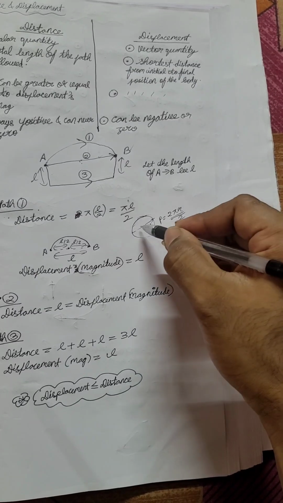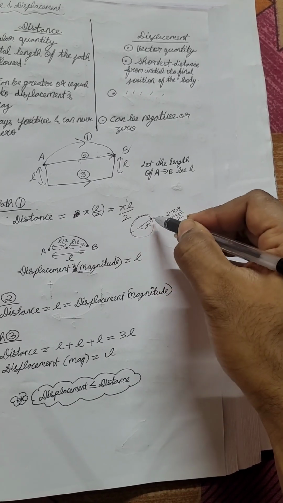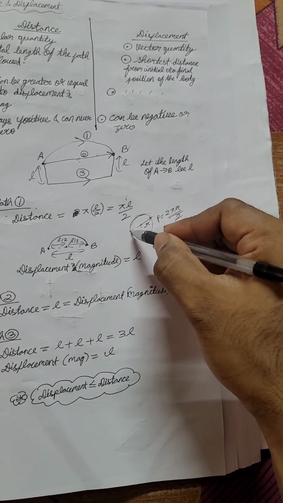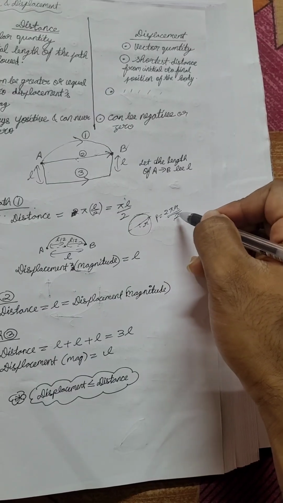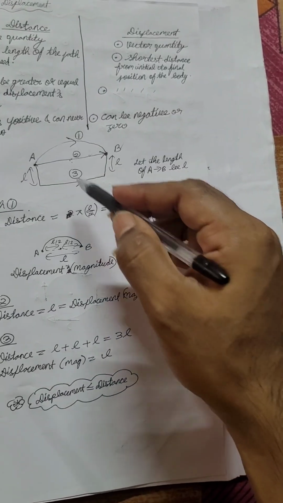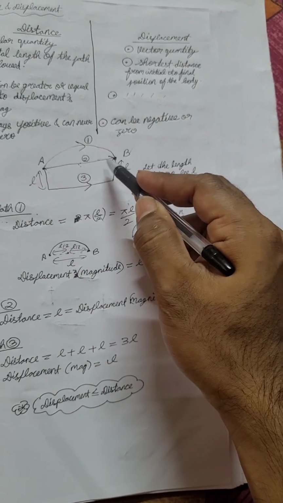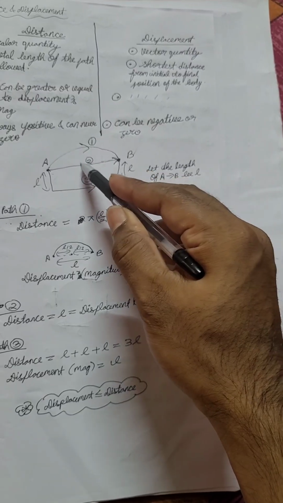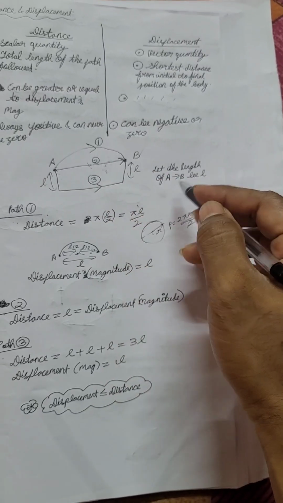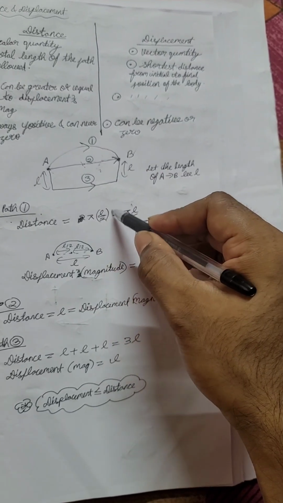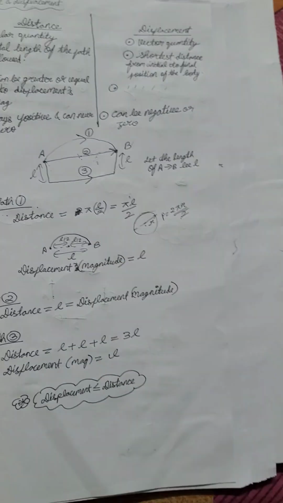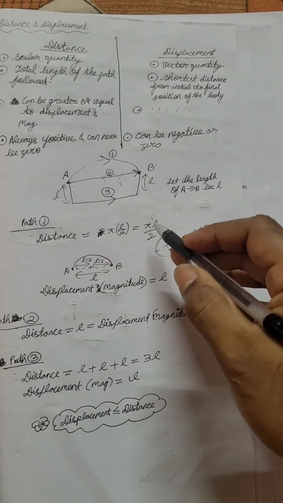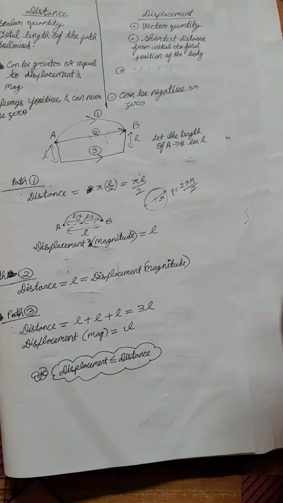We are covering the half part, so 2 pi r by 2, which is pi r. Here I have taken the length L, so the radius will be L by 2. So the distance covered is pi L by 2.